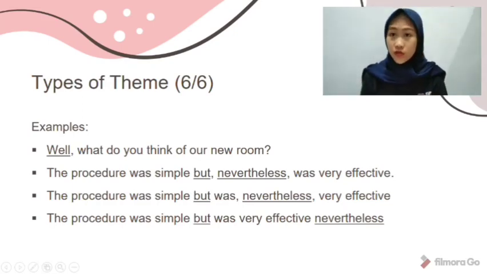And then number 3, the procedure was simple but was, nevertheless, very effective. Still grammatical. And the last one, number 4, the procedure was simple but was very effective nevertheless. Again, it is very grammatical.